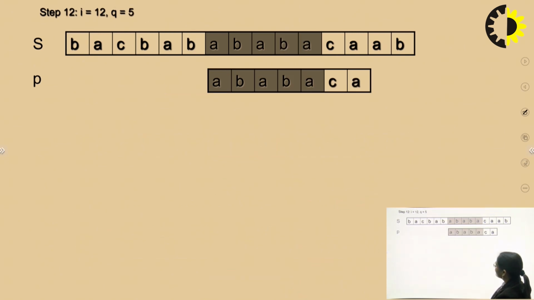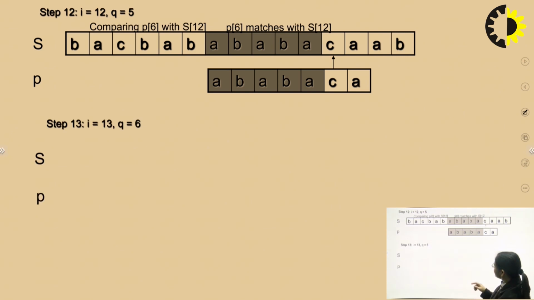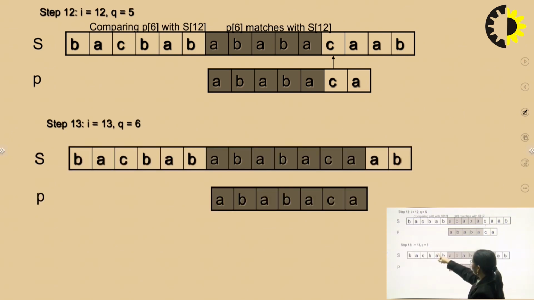So what we have to do, we match i equal to 12 with q equal to 5, and in this case we compare p6 and s12. P6 matches with s12. So the next step is i equal to 13 and q equal to 6.